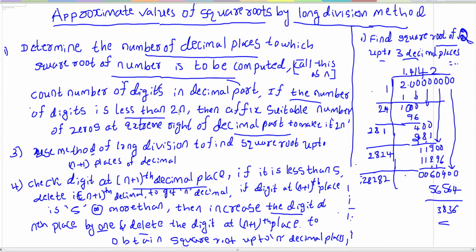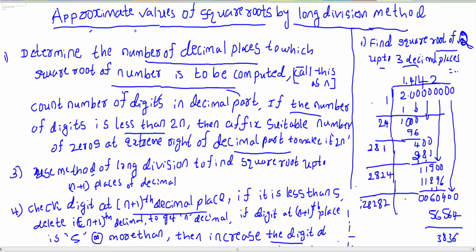The next topic is a method to find the approximate values of square roots. Why can't we find the exact values? For some numbers, for example square root 2 and square root 3, these are irrational numbers.